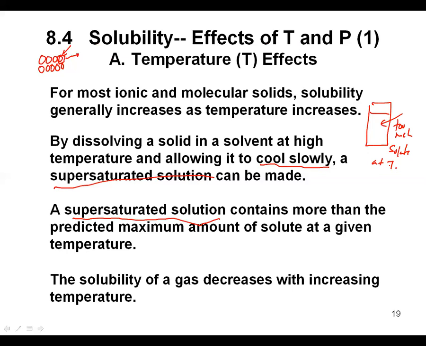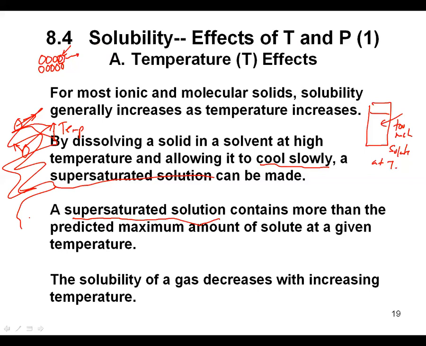The solubility of gases decreases with increasing temperature. That's because gases, as we talked about, are pretty much flying around, right? If we increase the temperature of a gas, they have more energy and they're flying around a lot faster, which means they won't be around each other for as long, and they won't be mixing with each other for as long.